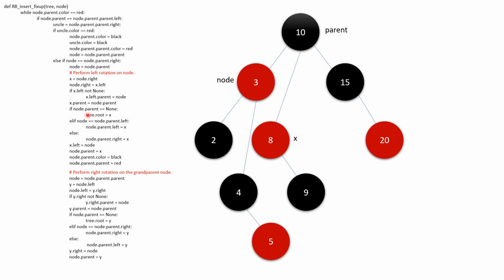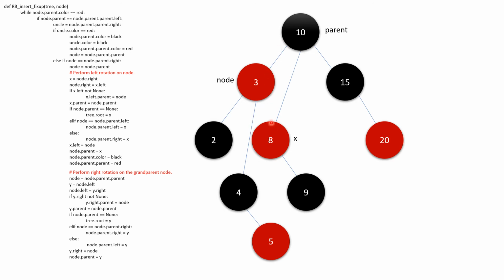If node's parent equals none, that doesn't apply. Else if the node equals the left child, yes. The node is the left child of the parent, so therefore X now becomes the new left child of the parent.